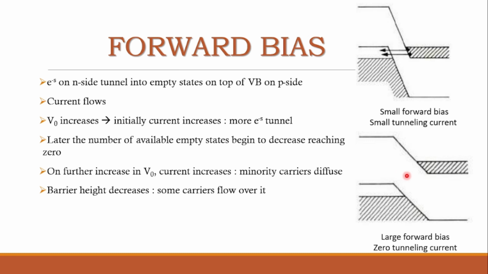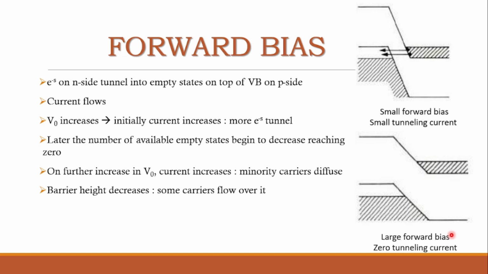And again, if the voltage given in this forward bias condition is increasing, in that case the minority charge carriers are going to diffuse across the barrier or across the junction, due to which again current is going to flow. But one thing to remember is, it is not the tunneling current when large forward biasing is there.